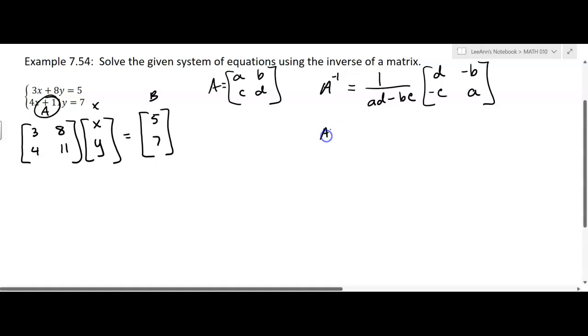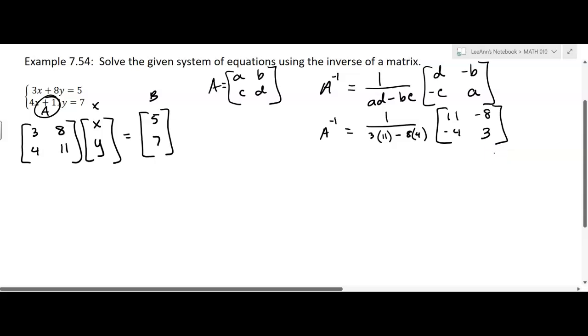So our A inverse is going to be 1 over 3 times 11 minus 8 times 4. And then the matrix part is going to be 11, and then the 3 is going to be down here, and then it's going to be negative 8 and negative 4.